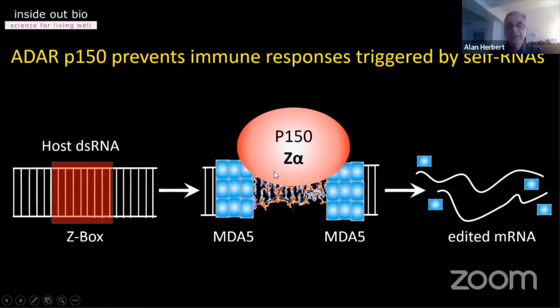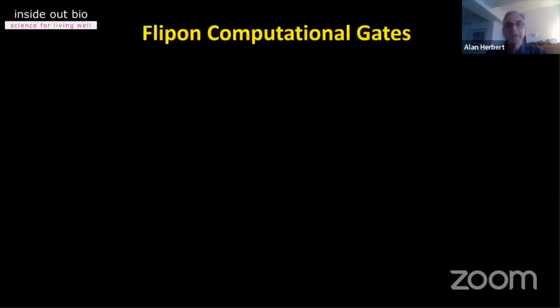Of course, because viruses don't have these Z-forming sequences, they remain as double-stranded RNA and can invoke interferon response. So it's just a nice example of where you can combine shape and string functions together to produce a biological outcome. So let's talk about the Flipon computational gates.